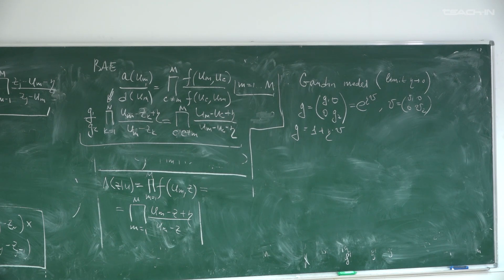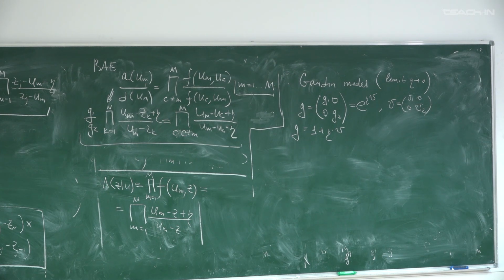So instead of writing all these explicit expressions, I will write it schematically. For example, for the first factor, we have 1 plus eta r j plus 1.